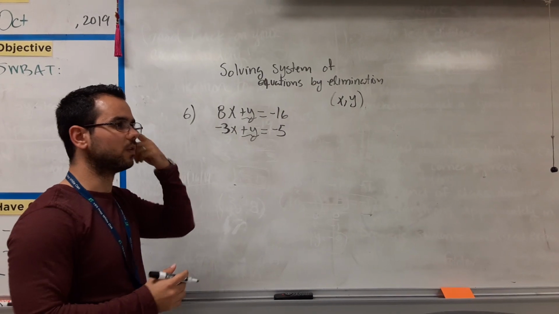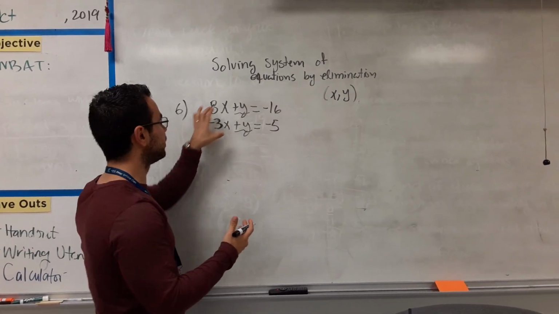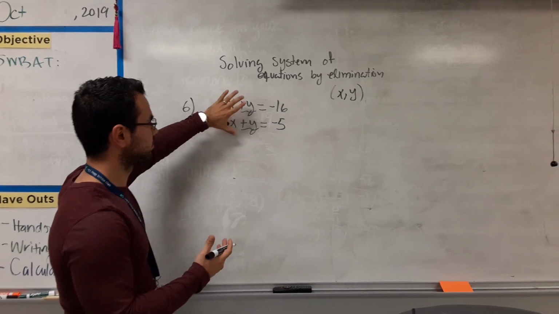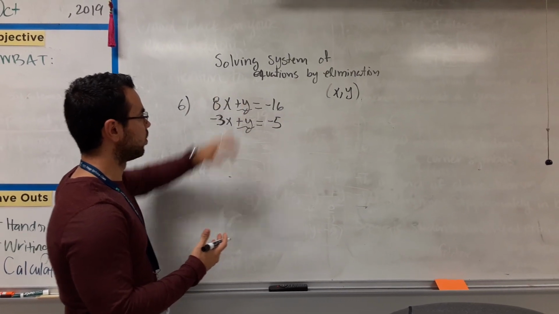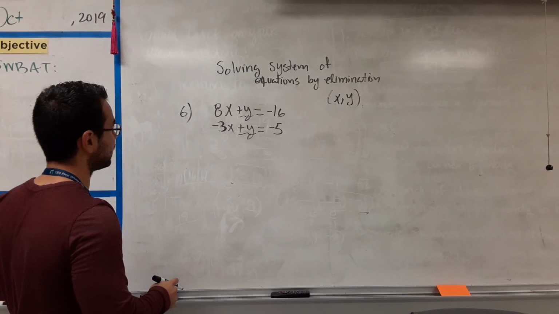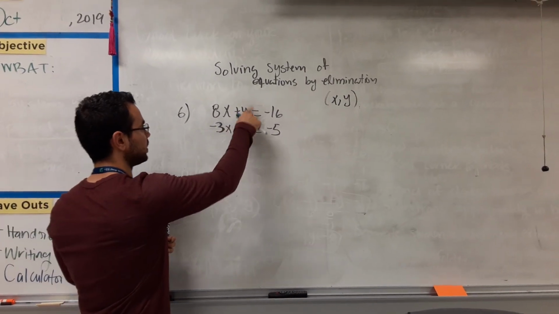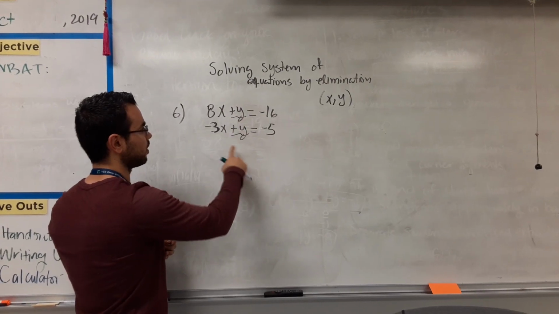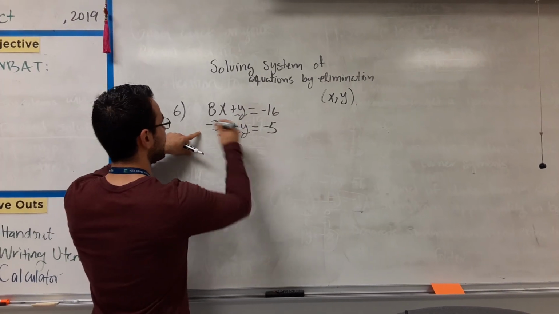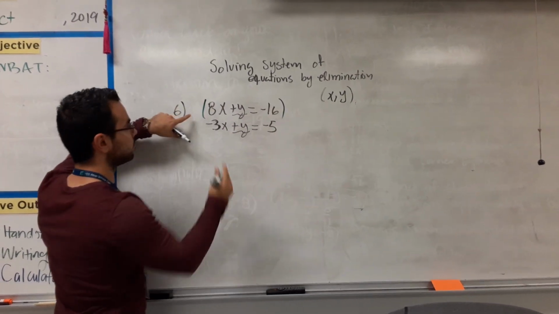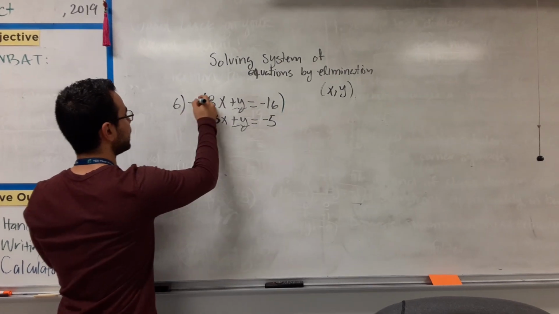And I think to myself, what is something that I can do to have opposites on one of my equations? And this is what I'm going to do. In order to make this positive y the opposite of that y, I'm going to multiply my first equation by -1.